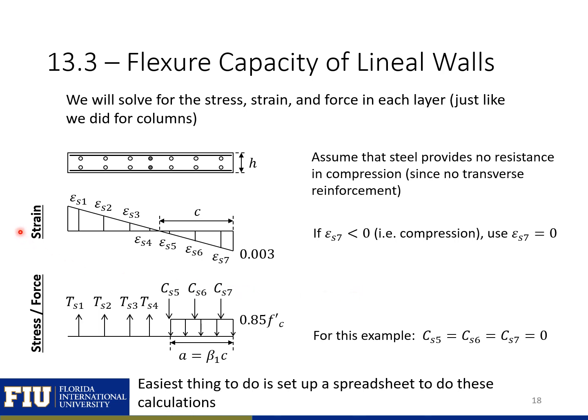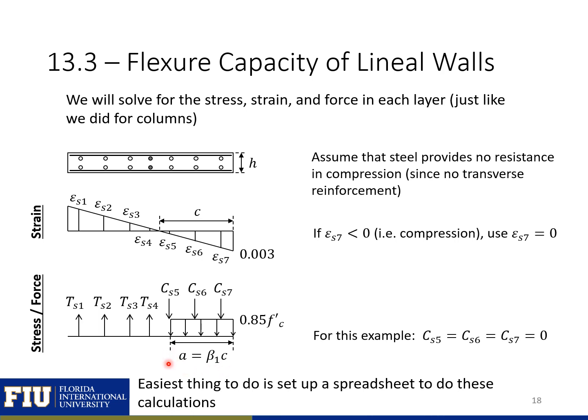So from our strain diagram, we can go to our stress and our force diagram. We use the strain in each layer of steel to calculate the stress in each layer of steel, which we use to calculate the force in each layer of steel. And again, the difference is that all of our compression steel, we're going to assume has a force equal to 0. For the compression region of our concrete, we'll assume the same stress block assumptions that we did for flexure and for our columns.